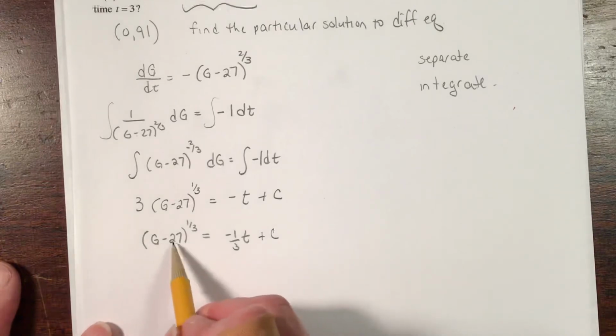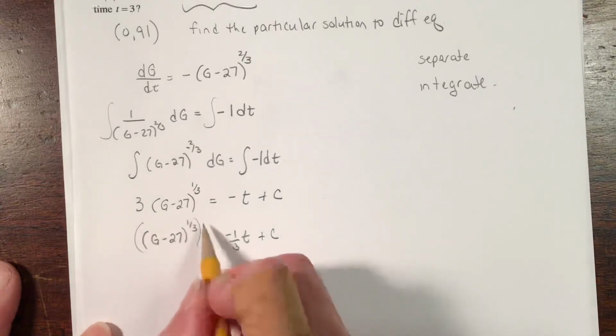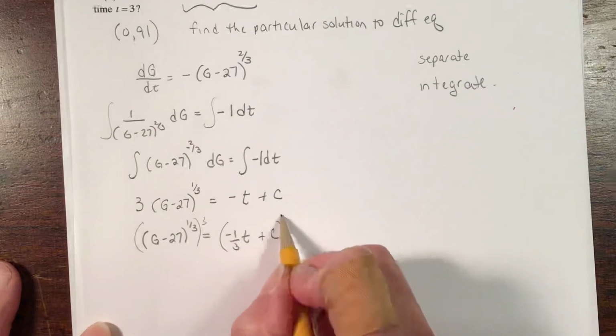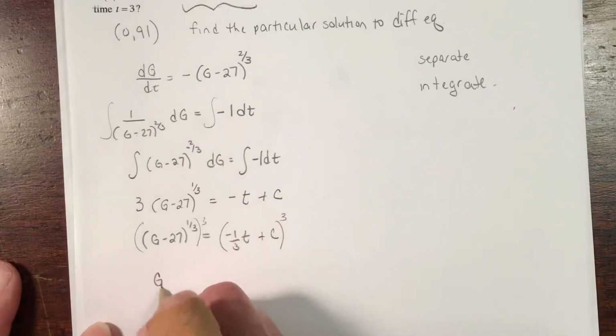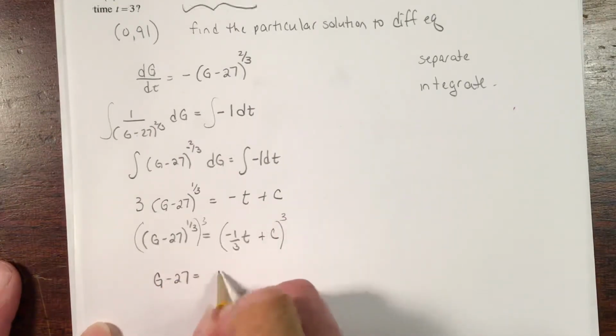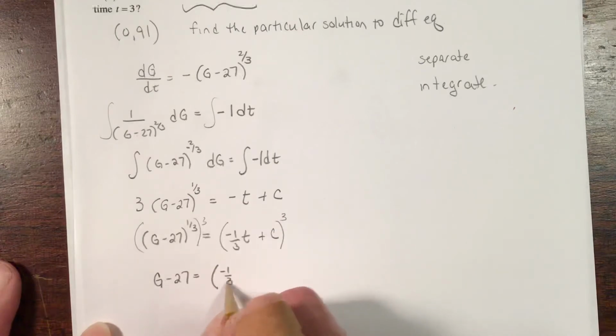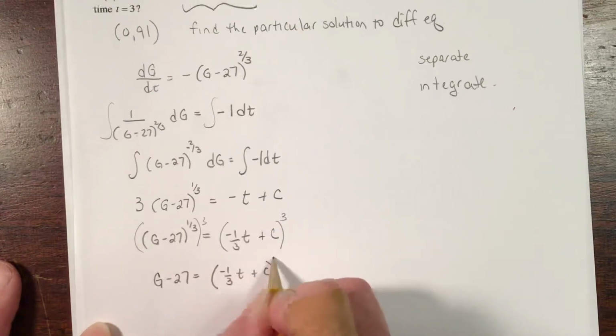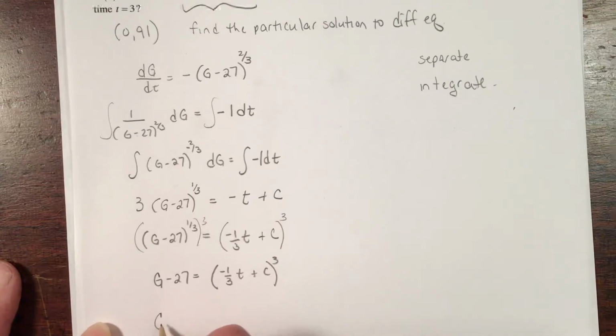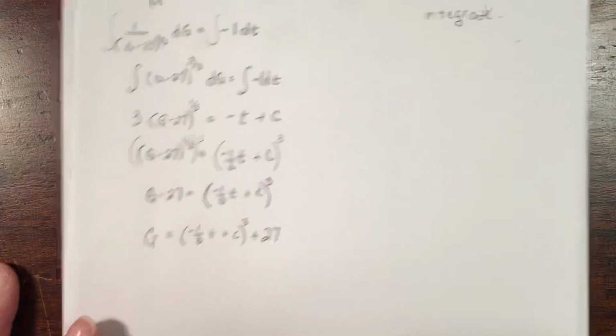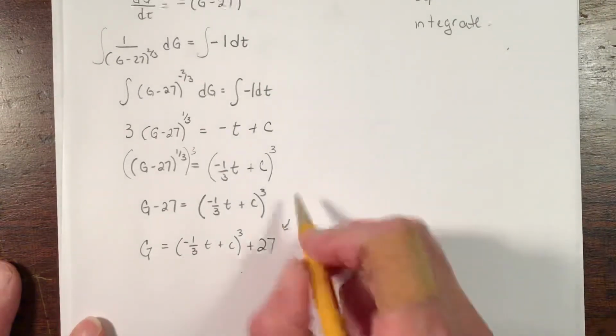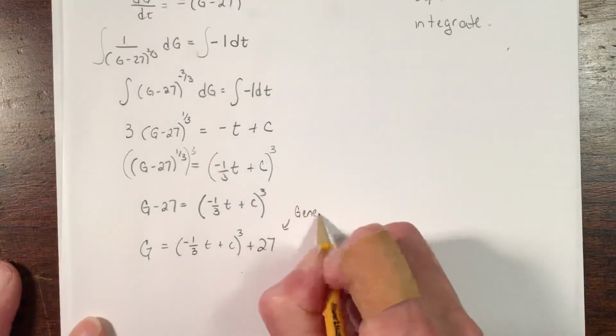In order to get g by itself, we have to undo this, so we're going to cube both sides. g minus 27 equals (negative 1/3 t plus c) cubed. And the last step, g equals, we're going to add our 27 over. Now, hopefully most of you remember, this is our general solution.